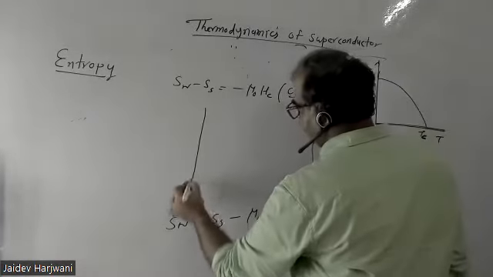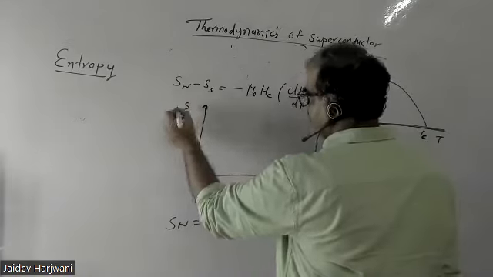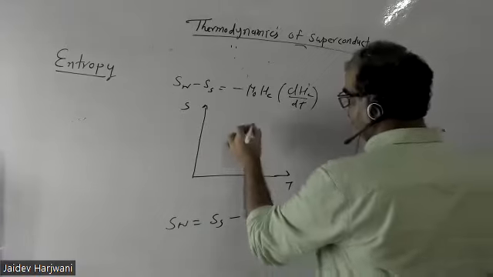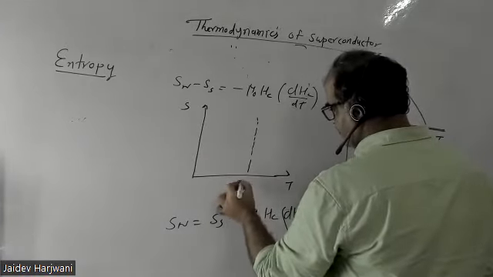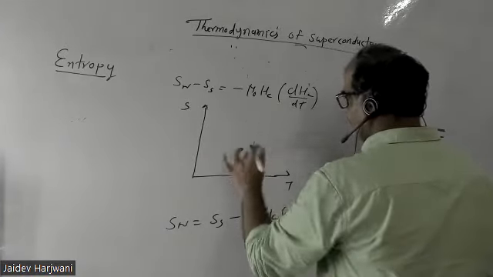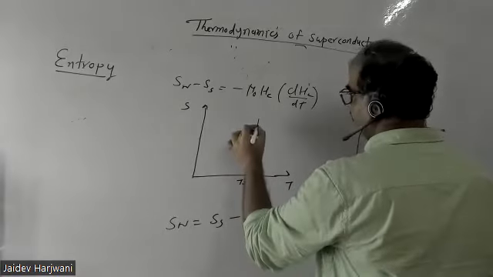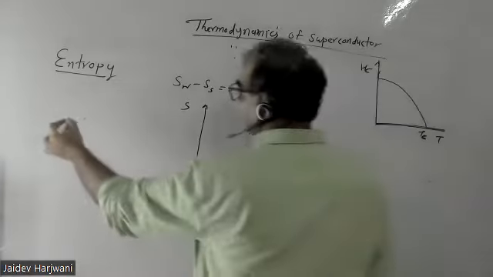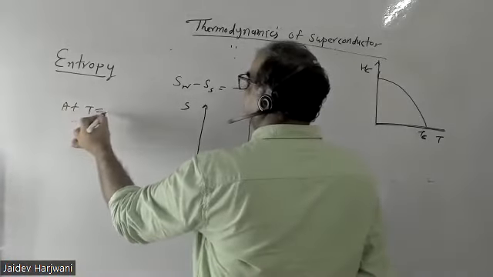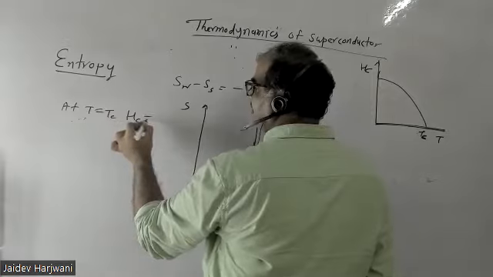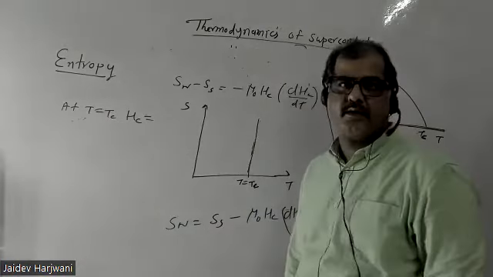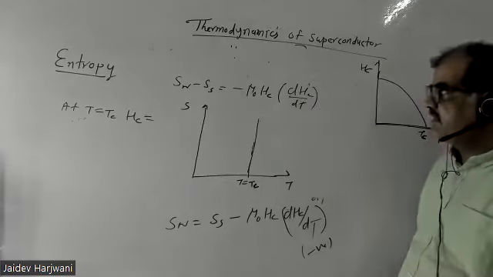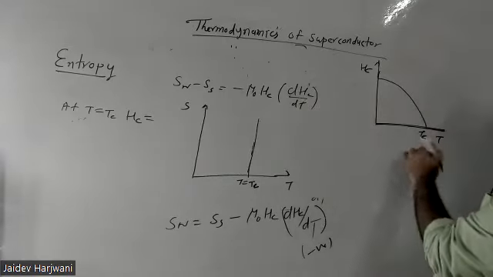If I draw the entropy versus temperature graph, at T equal to Tc, what is the value of Hc?